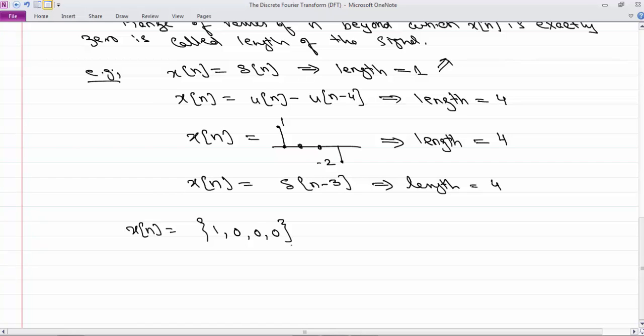In that case, you have added 3 zeros at the end of your signal. By adding, I mean you have stored those extra zeros purposefully. So this is called zero padding of a finite length signal.